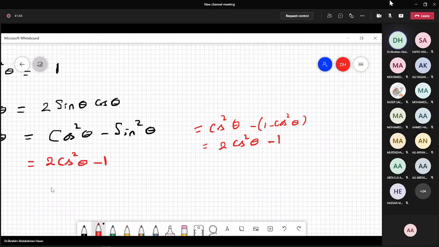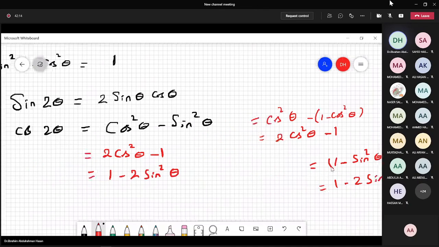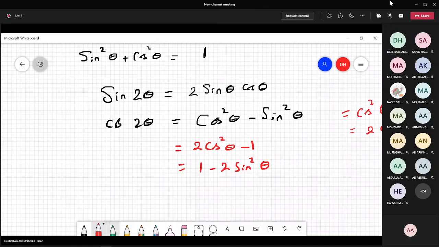So cosine square is equal to 1 minus sine square theta, هذه cosine, this one, minus sine square theta. So then it is equal to 1 minus 2 sine square theta. So third one, it is equal to 1 minus 2 sine square theta. Okay, لاحظ هذه الحين.